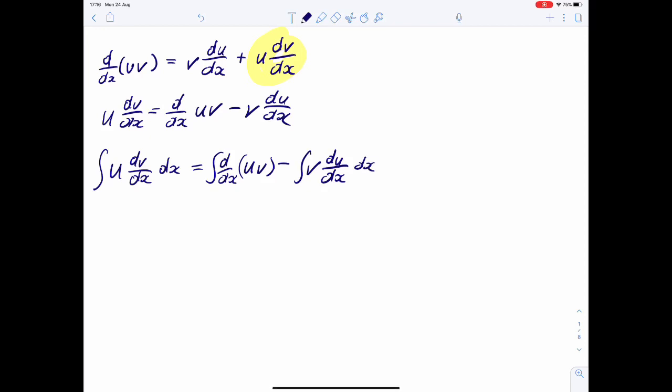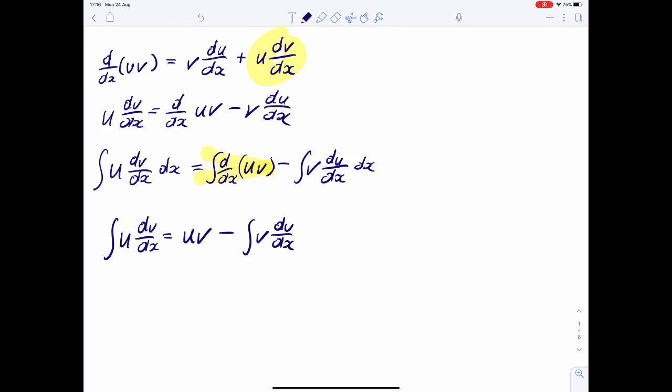So then we can simplify it a little bit to get that an integral of function u dv/dx is the same as uv, which comes from this integral over here, minus the integral of v du/dx.